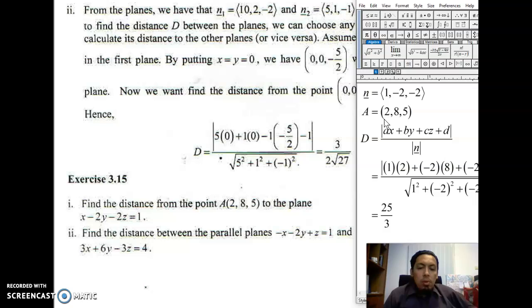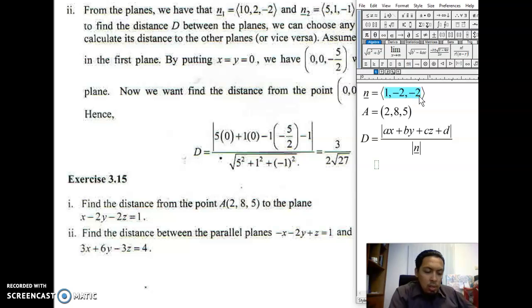So the way is to use one of the planes to find the normal vector. Let's say we choose this one. So the normal vector for this one will be, let me just delete this first, the normal vector for this one is 3, 6, and -3.